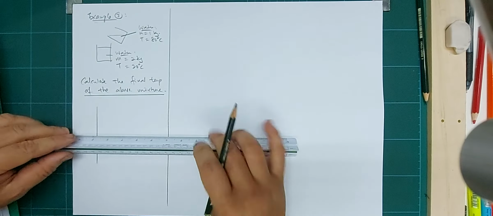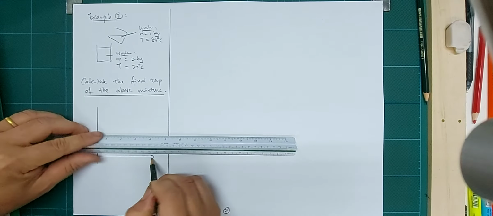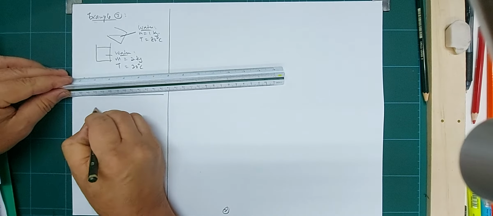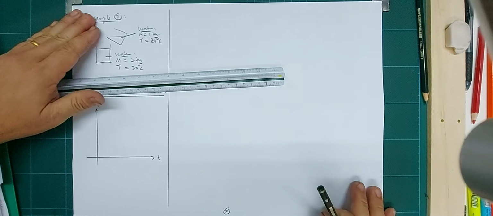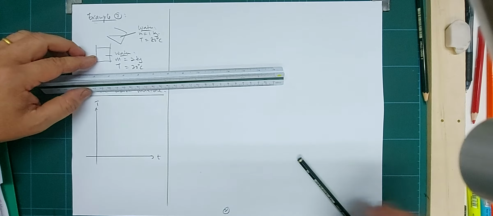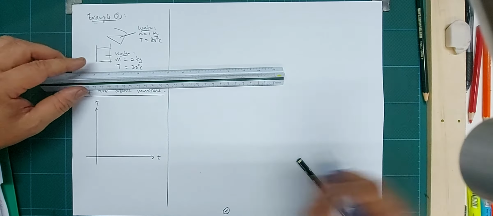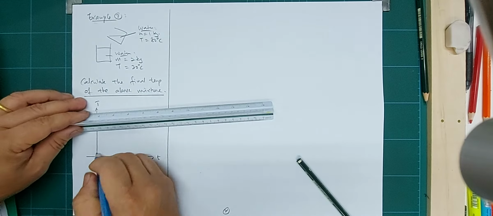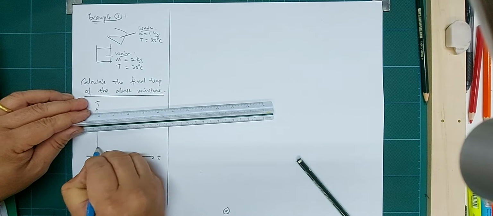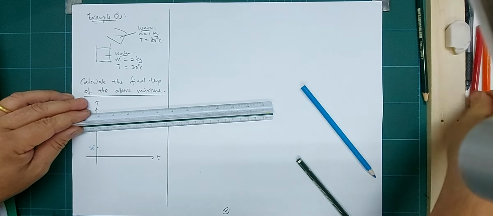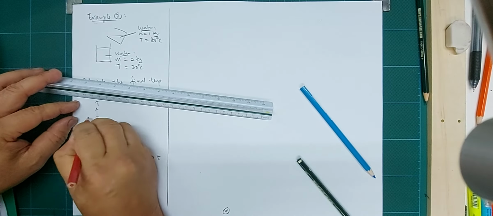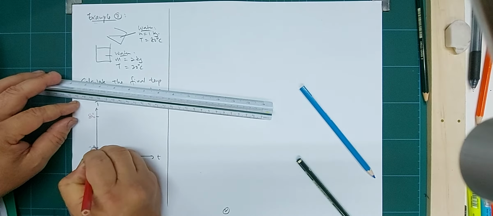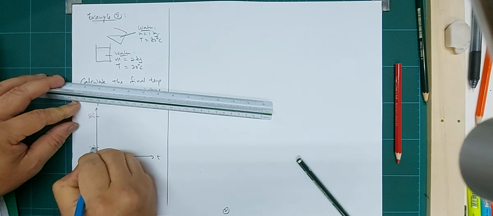Let's assume we have two liquids here. This axis is time and this one is the temperature for two different types of liquid. Let's assume the cold one starts with a temperature of 30, and the hot one starts with 80 degrees Celsius, in blue color.